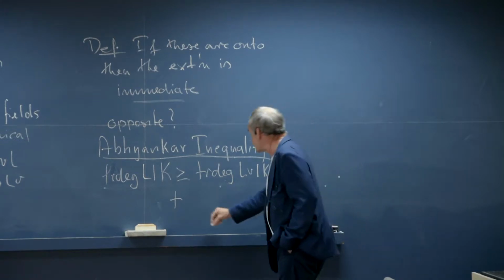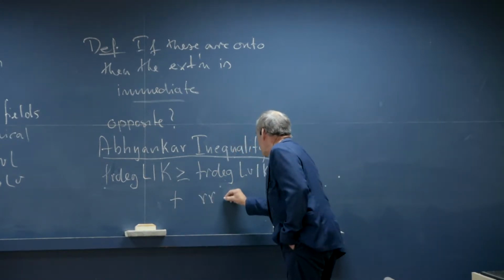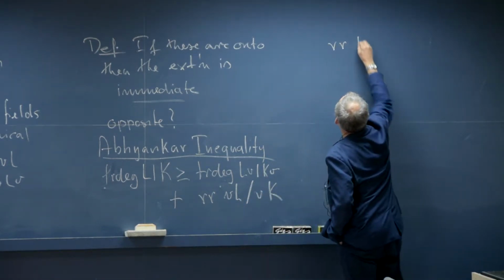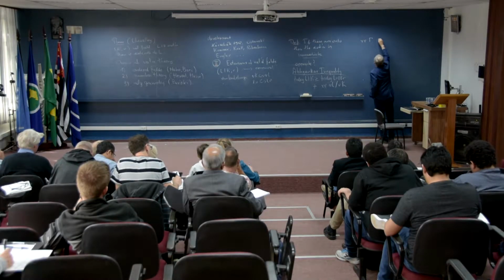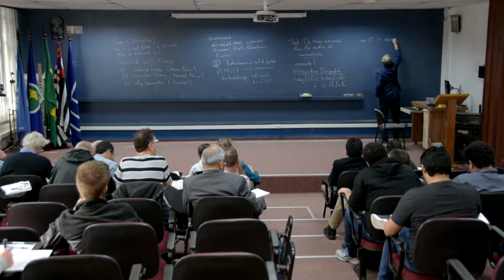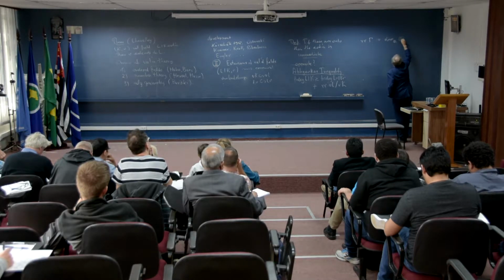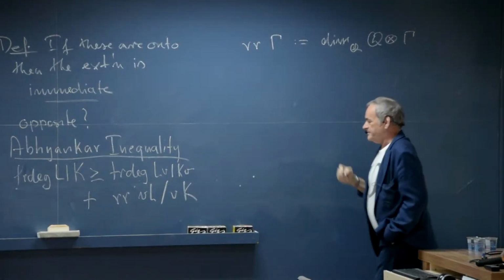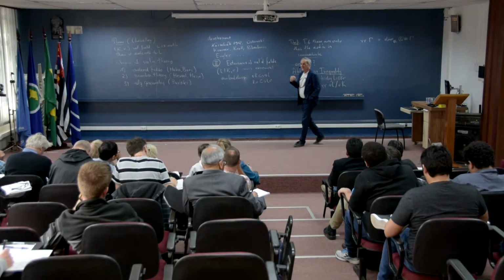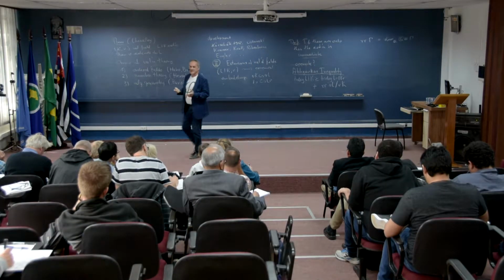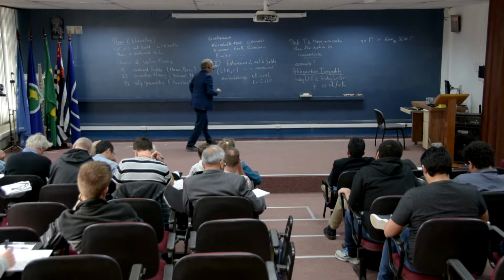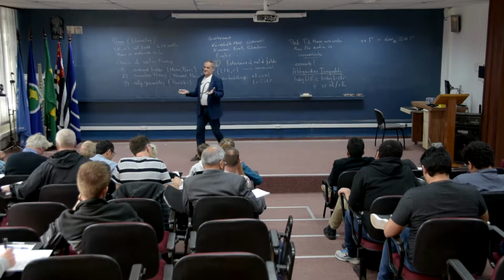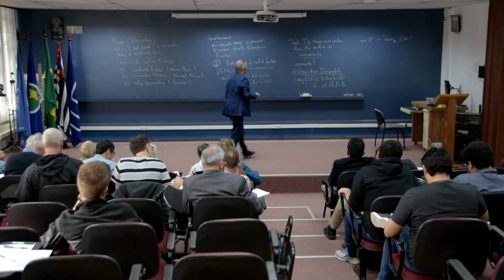But here we say it's the rational rank of vL modulo vK, where the rational rank of an abelian group is defined to be the Q-dimension of the so-called divisible hull. So, the maximal number of elements in vL that are rationally independent over vK. This makes best sense if this is finite, but you can also read it with cardinalities, so cardinal numbers. It works as well.